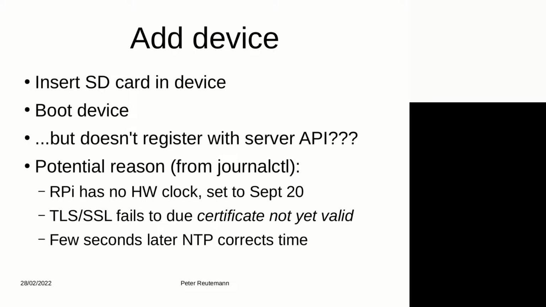But I figured out, looking further through the journal, that the Raspberry Pi, since it has no hardware clock, starts up on September 20th, but I'm not quite sure whether it was September 20th, 2021 or even earlier than that. I guess that's whenever the image was generated, and I haven't found a way for changing it. So it starts up until it actually hits the NTP systemd job and updates the time.